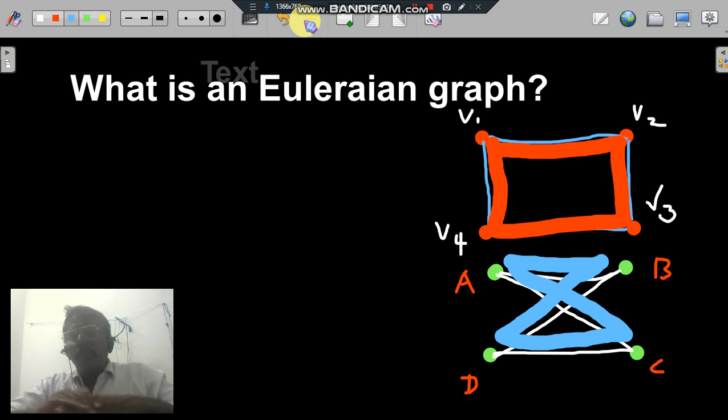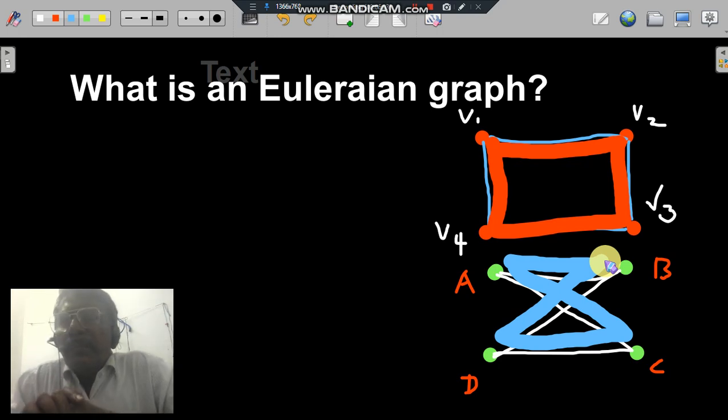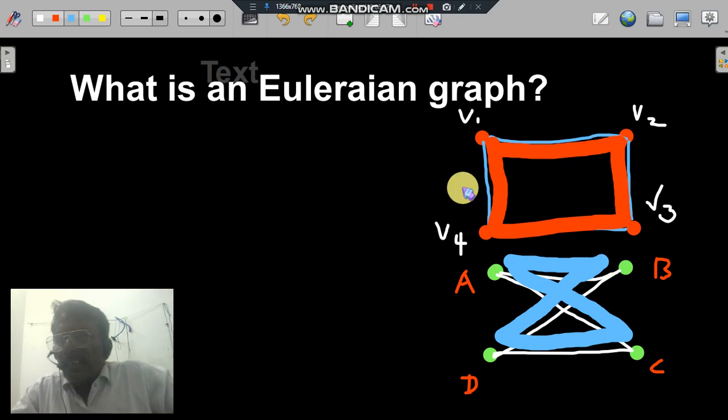So you have to understand that in these two pictures there exists a cycle such that the cycle contains each edge only once. Am I right? I mean, the cycle passes through all the edges but only one time. Such a special type of graph, we call it an Eulerian graph.